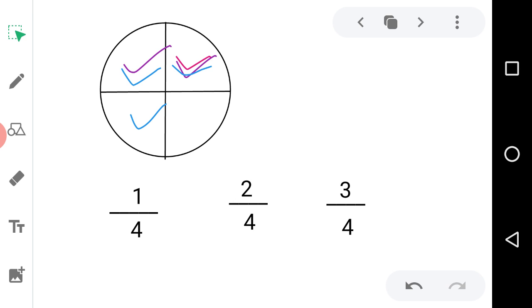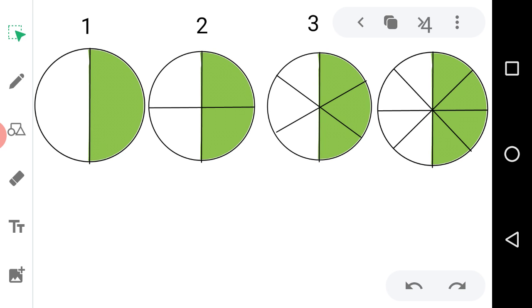Now look here. In the first one, the circle is divided into 2 equal parts, and from that, 1 upon 2 is the colored part.